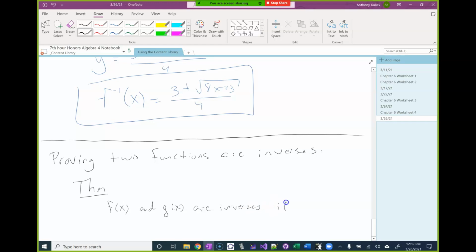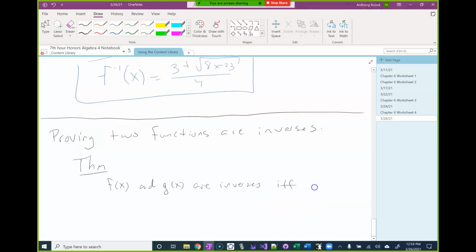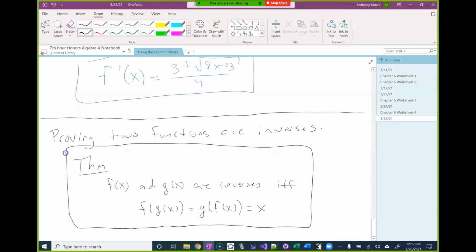The theorem that we have to answer this question states that f and g are inverses if and only if, that's what the iff is an abbreviation for, f compose g of x is equal to g compose f of x, and both of those come out to be x.